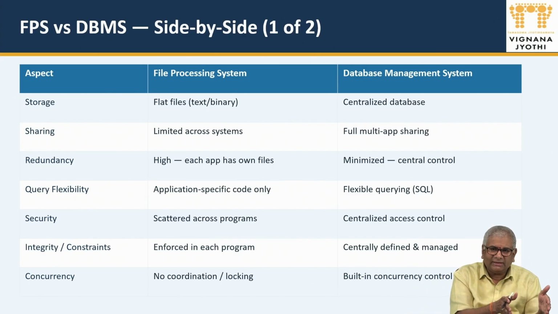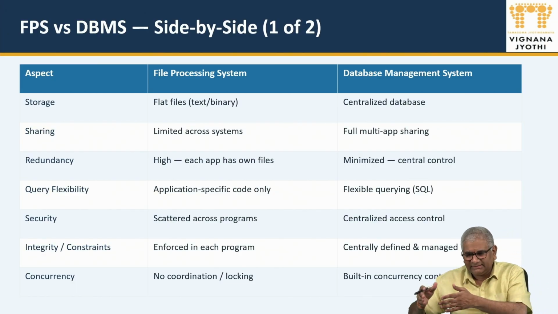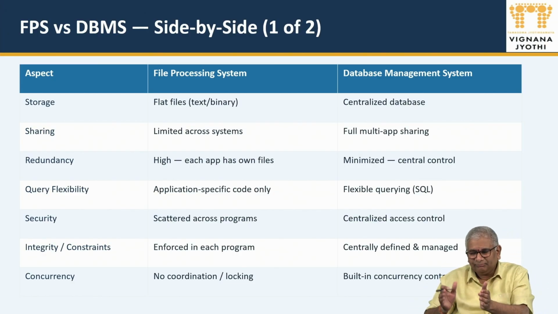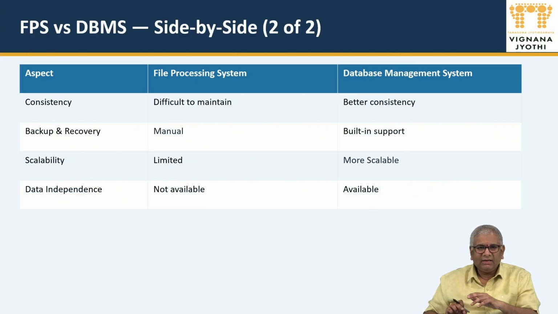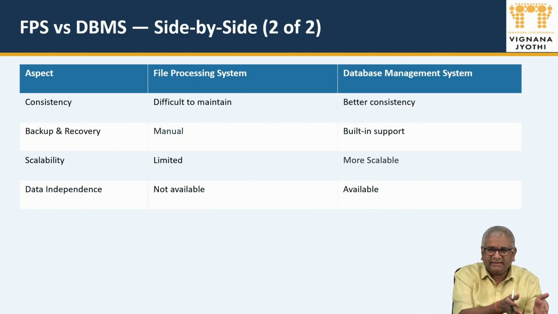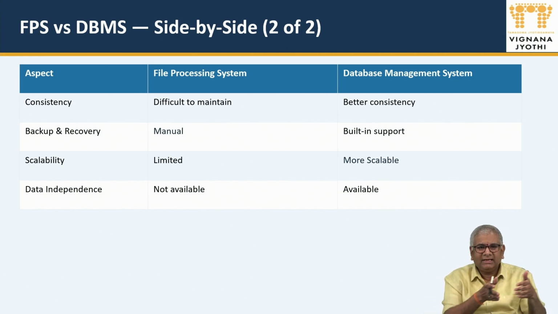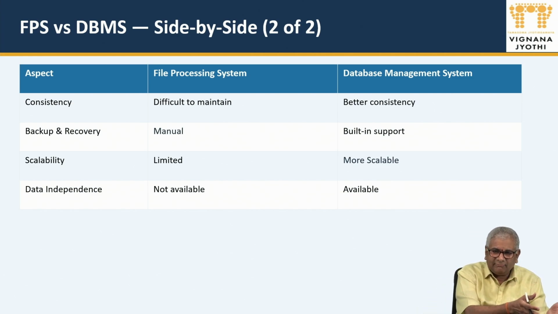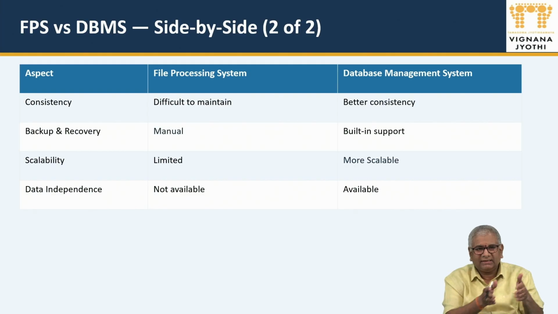Yes, it is possible to implement in file processing system, but it is error prone and depends upon programming; it could cause file locking, corrupted files and all that stuff. Whereas in DBMS, that problem is not there because the set of programs of DBMS take care of it, so they know what they are doing. Consistency: difficult to maintain in FPS, better in DBMS. Backup recovery: it is manual in FPS, whereas built-in support is there in DBMS.